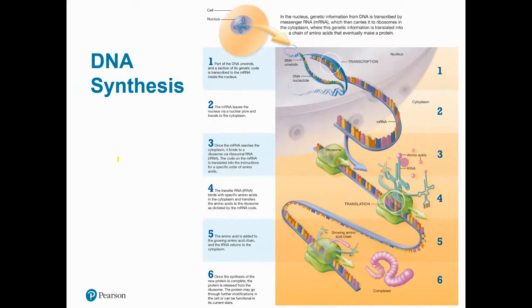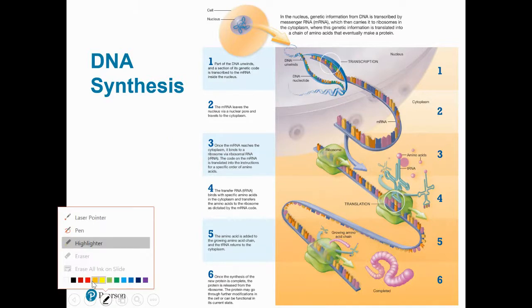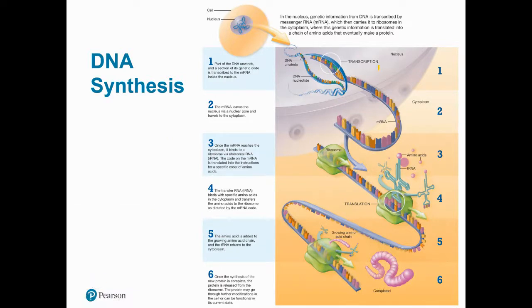For our class, we don't go into very great detail with transcription and translation, which maybe makes you give a giant sigh of relief. But I do want you to get the basics of it, right? So transcription is happening inside the nucleus, where the DNA, again, this double helix, is going to separate.